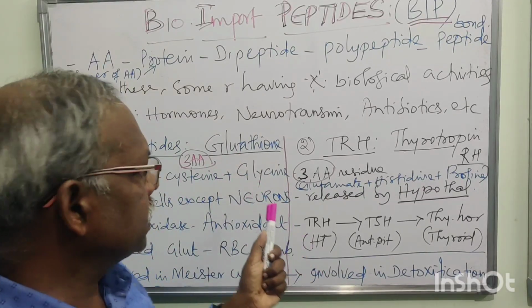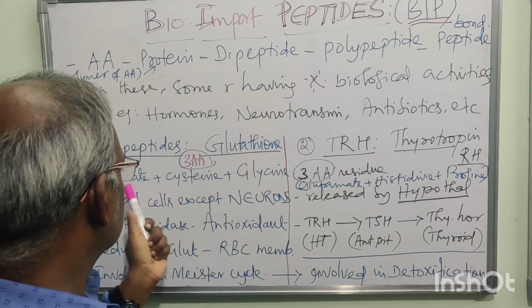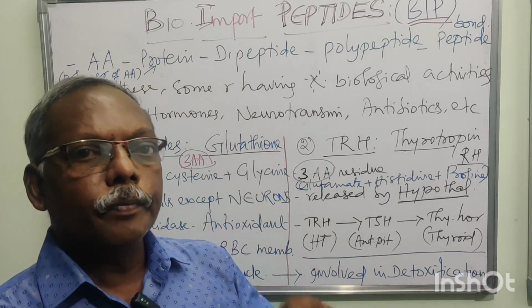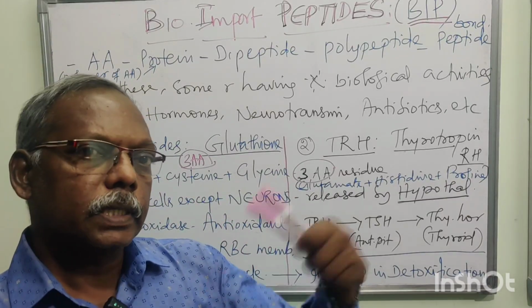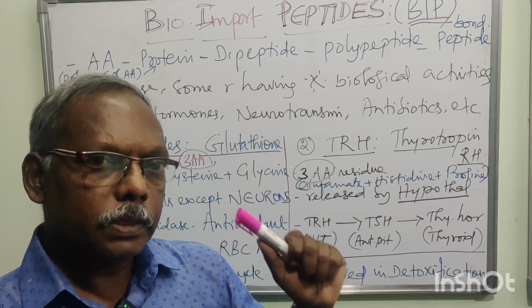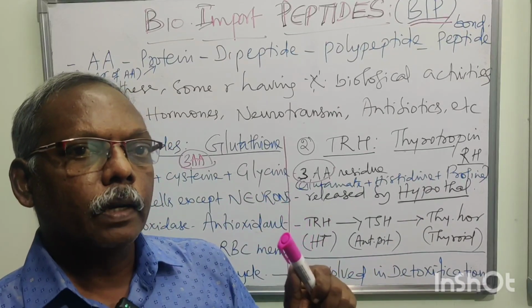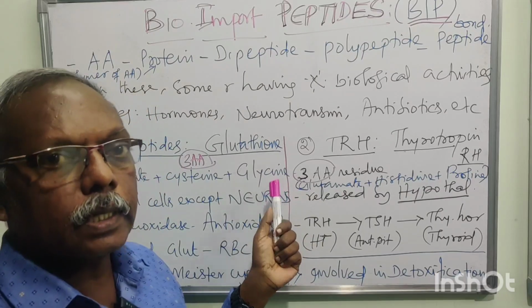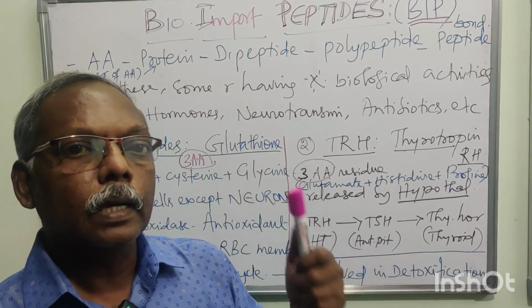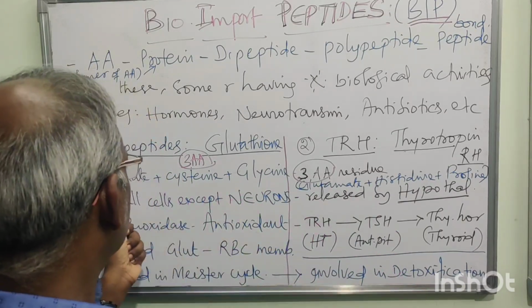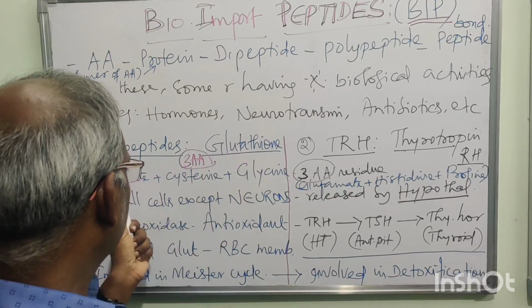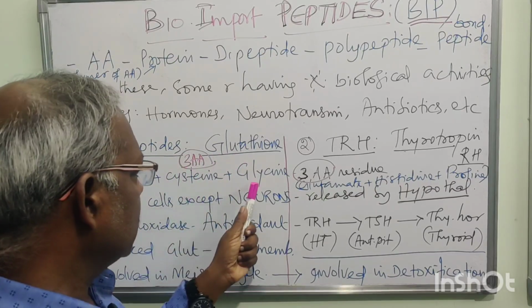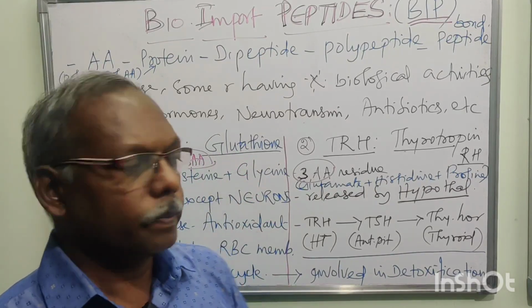If any 3 compounds occur in biochemistry, be ready for an MCQ where they add one more choice and ask 'except'. So the composition of glutathione is glutamate, cysteine and glycine.